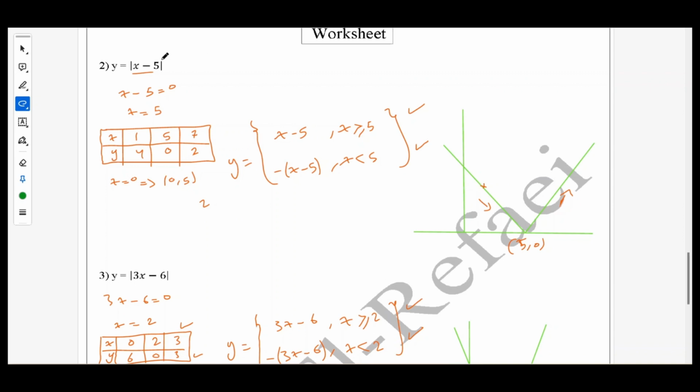I'm going to consider the absolute value sign as a normal bracket or parentheses. So it will be a horizontal translation, 5, 0.